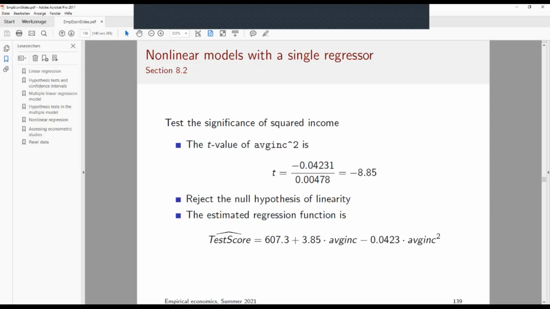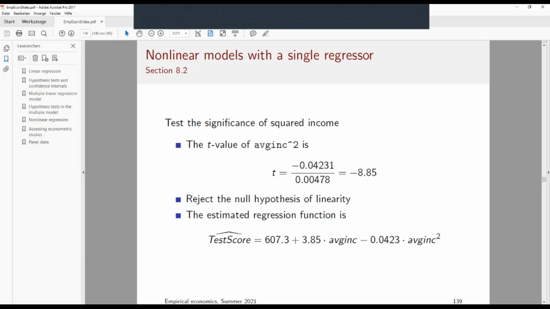Well, the null hypothesis of linearity would mean that the coefficient of average income squared is 0, because in this model, that indicates linearity. Because if that coefficient is 0, then we only have a linear coefficient. That one could also be 0, but if that one is 0 as well, we still have a linear model. It is a horizontal line, but that is just a linear model as well.